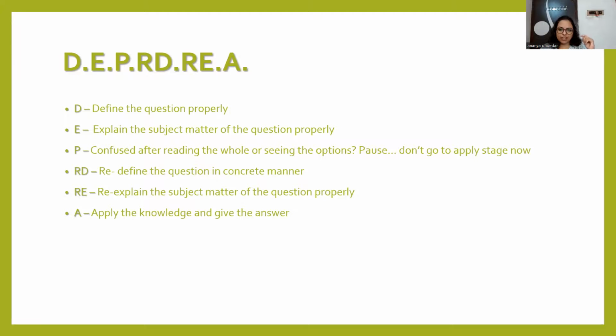Here also, when you are going through the apply mode, this stage will come: P. When you are applying in the case of critical questions, you are confused. Which option will be the correct one? This stage says: confused after reading or seeing the options? Pause. Don't go to the apply stage now.